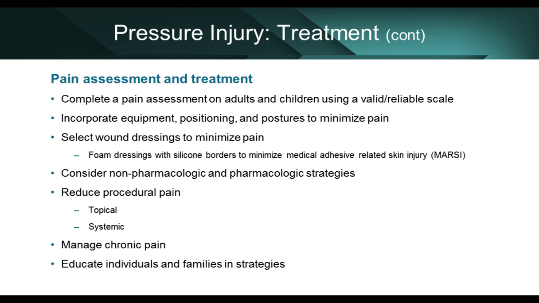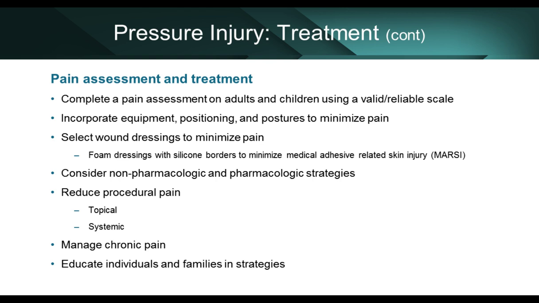You need to consider non-pharmacologic and pharmacologic strategies, reduce procedural pain using either topical or systemic management options. You need to think about the chronic pain and manage to that level, and then you need to educate your individuals and families in alternative strategies, visualization, relaxation techniques, etc.